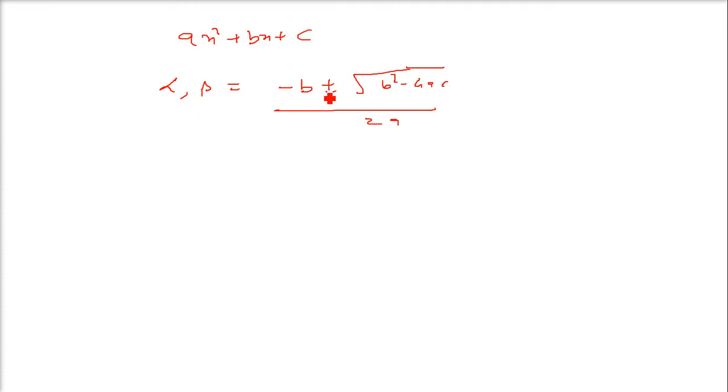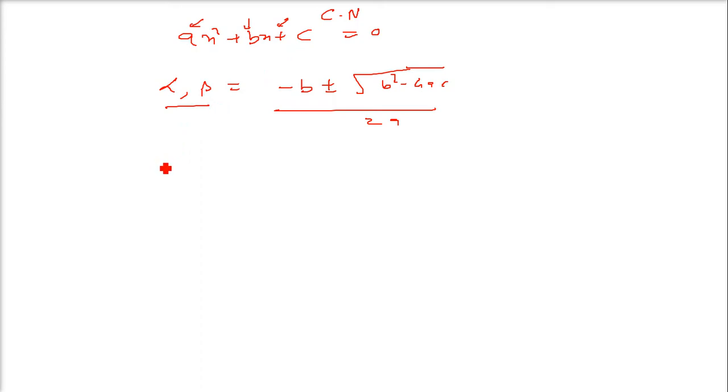These roots are complex as a, b, c are complex numbers. When we take ax square plus bx plus c equal to 0 and a, b, c are complex numbers, alpha and beta, the roots, will also be complex.